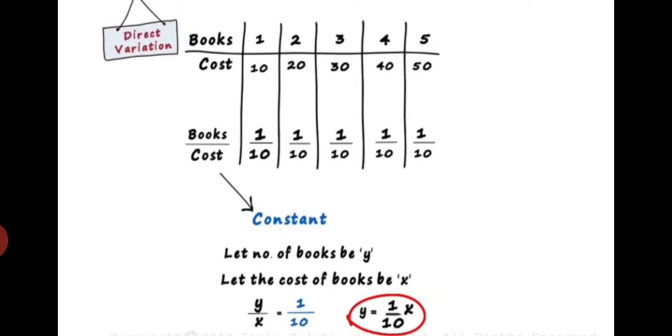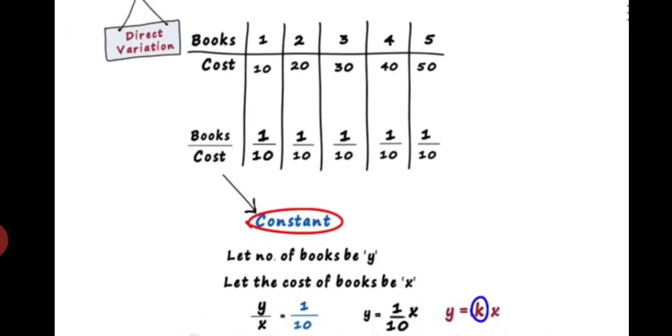Then y by x, that means number of books by cost, equals 1 by 10. Multiplying both sides by x, we can write y equals 1 by 10 into x. Here 1 by 10 is the constant. So we can write it as y equals kx, where k is a constant.